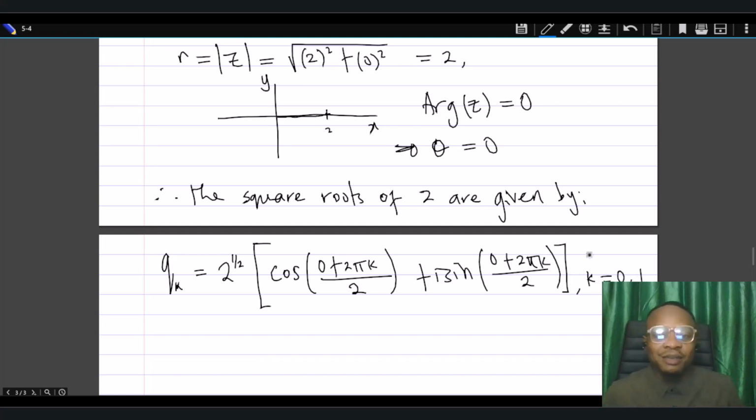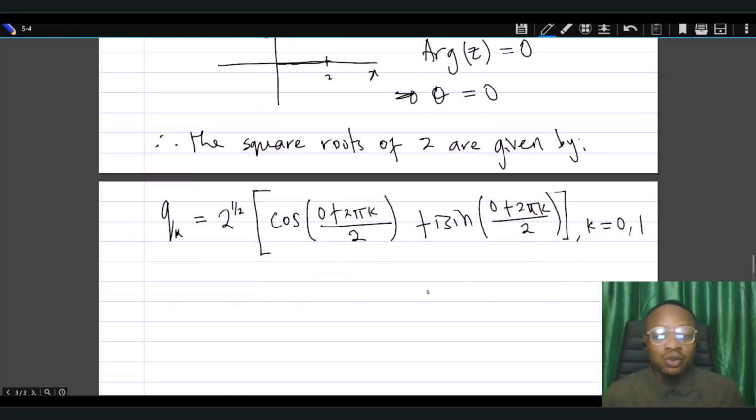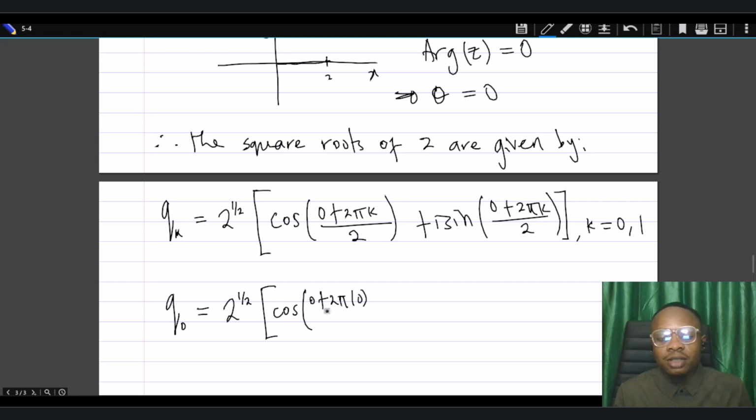So we take k equal to 0 and k equal to 1 to obtain the two square roots of 2. For k equal to 0, the first result will give us 2 to the power of 1 over 2 into cosine of 0 plus 2 pi into 0, then divided by 2.